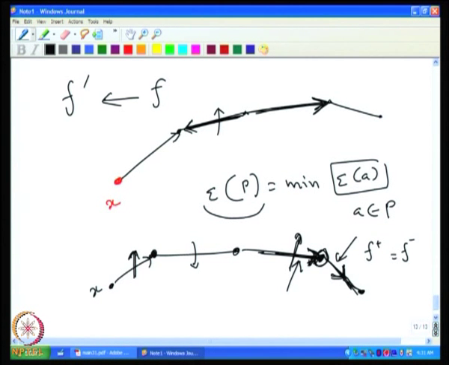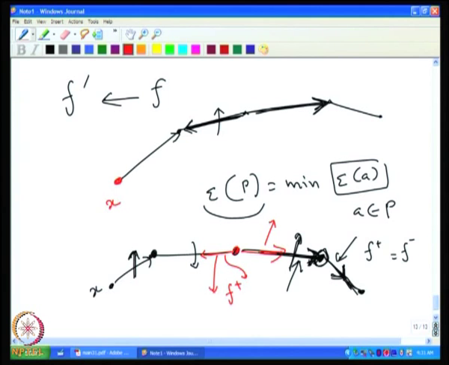Similarly, in a place like this, if you look at a vertex, this is an outgoing edge and this is an incoming edge. Here we are incrementing the value on this, but decreasing the value on this. Both are outgoing edges here. So, f plus got an increment due to this edge, but then it was decreased due to this edge.